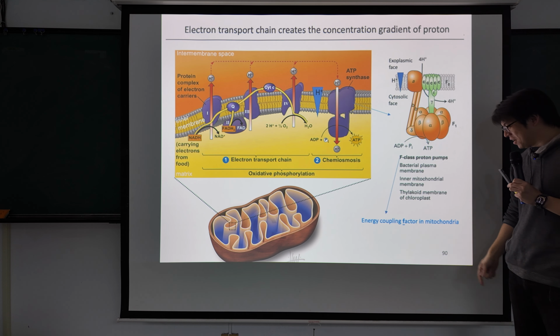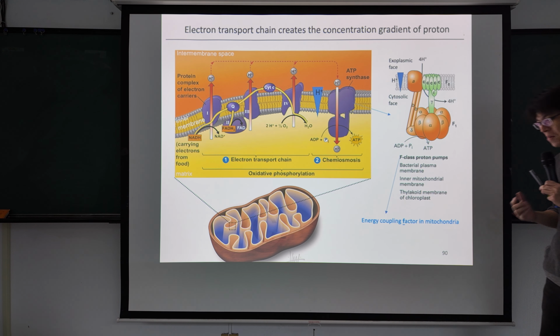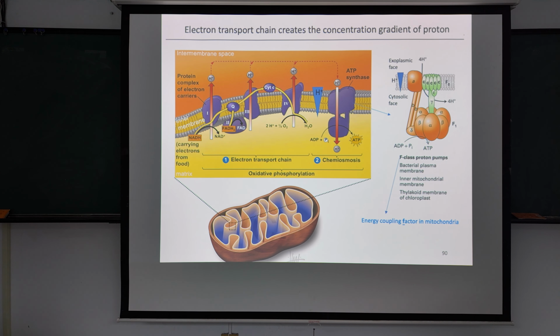Why is it called the F-class factor in mitochondria? It's so weird. Okay, no matter what, it's an F-class proton pump, but they are ATP synthase. If you say I'm studying the F-class proton pump, probably no one can understand what you are studying. But if you mention, I study ATP synthase, oh, that's ATP synthase. Okay, yeah. Why is it called the F-class proton pump? I don't know. It's because of factor, okay.